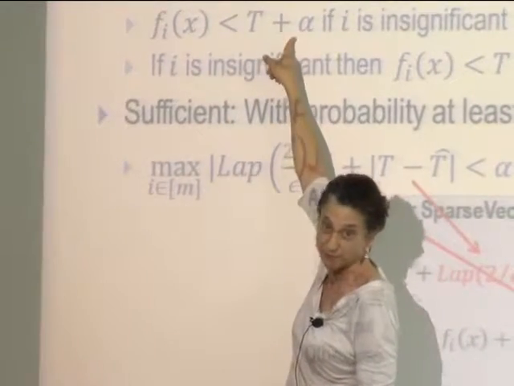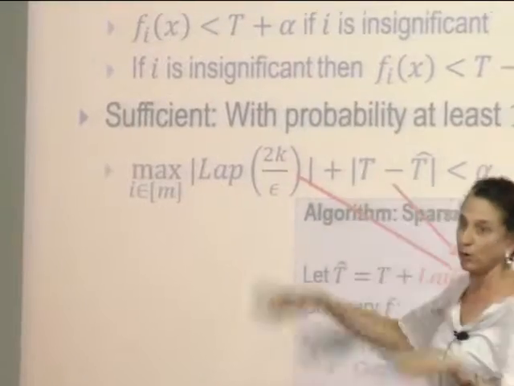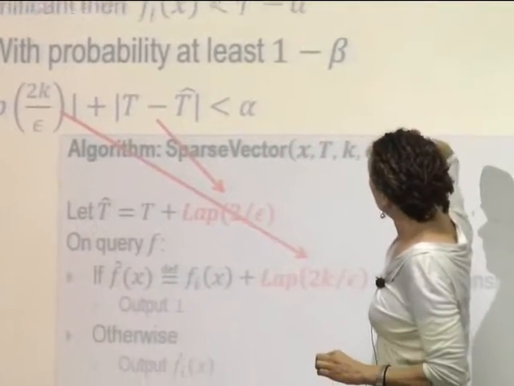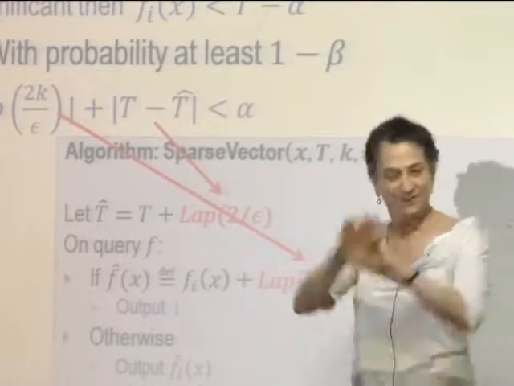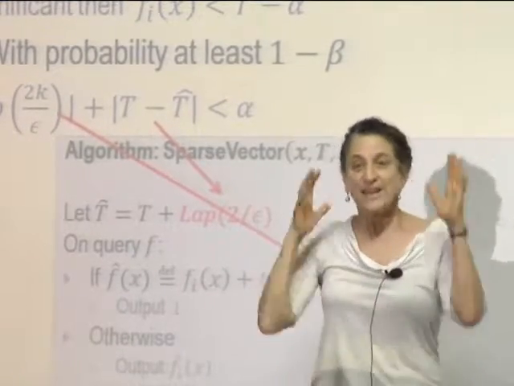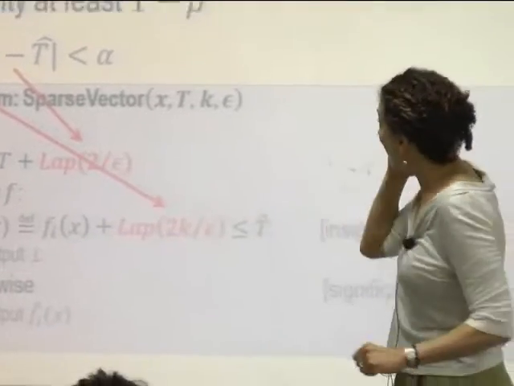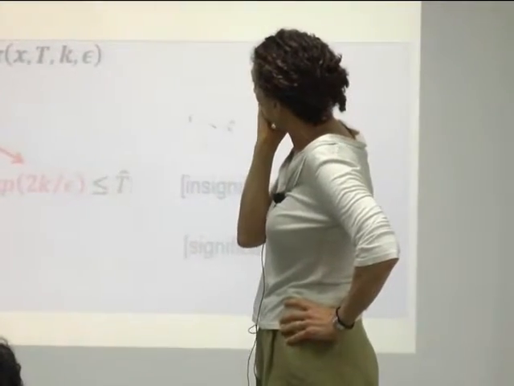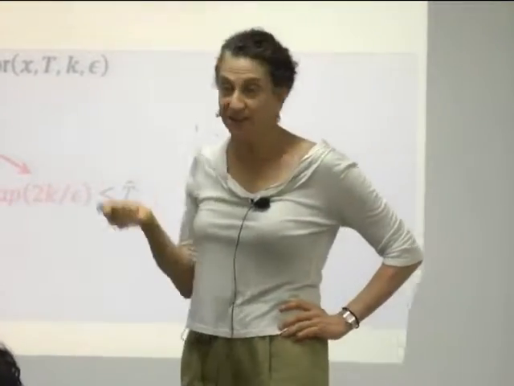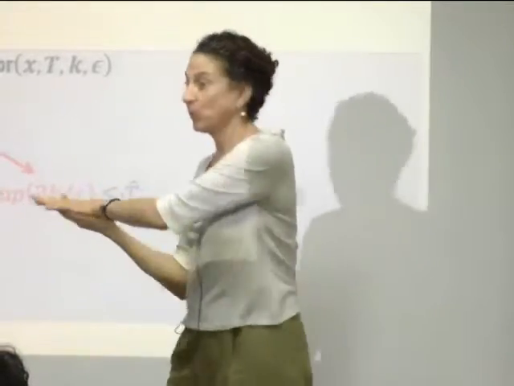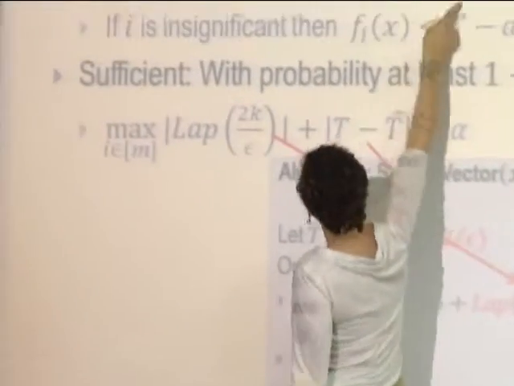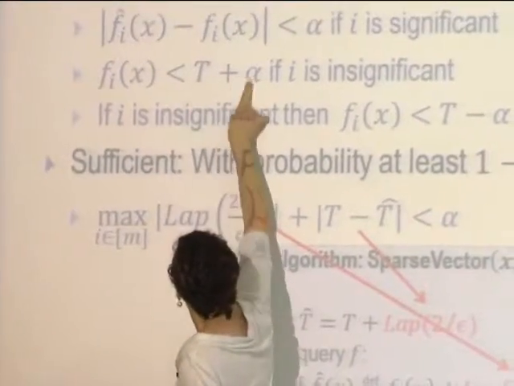We'll relax it a little bit and say if it's within t plus alpha, we'll say it's insignificant. No, I'm saying this wrong. I apologize. If it is reported as insignificant, then it shouldn't be much above the threshold. That's what we want, and that's what that says.